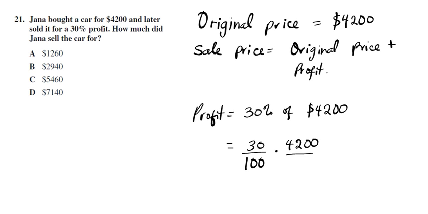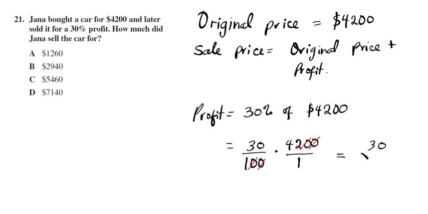I can put this over 1. I can divide any number by 1, and it doesn't change the number. So let's reduce. I can cancel out a 0 from here and here. I'm dividing by 10. I can divide by another 10, which cancels out this 0 and that 0. And then I can multiply 30 times 42.